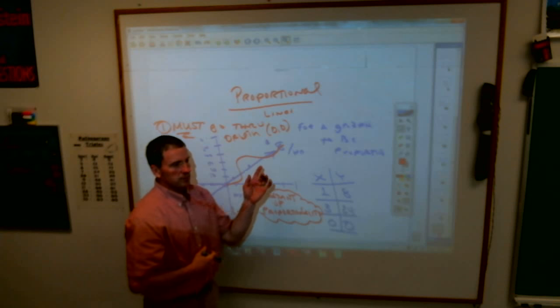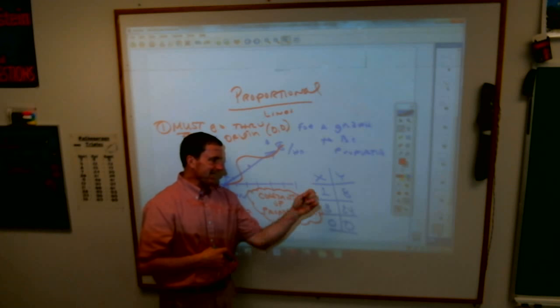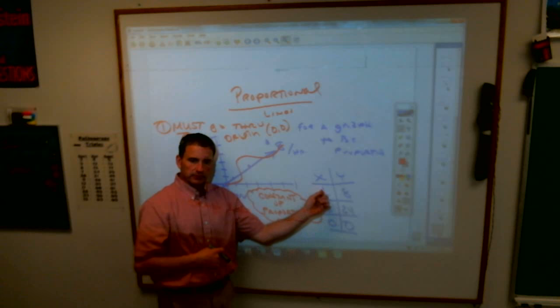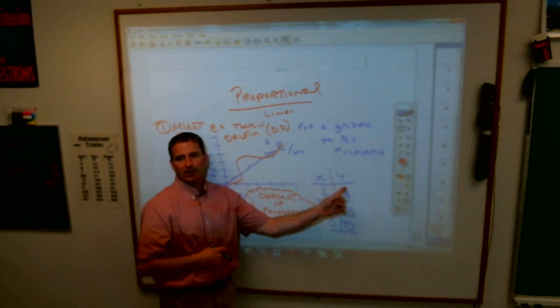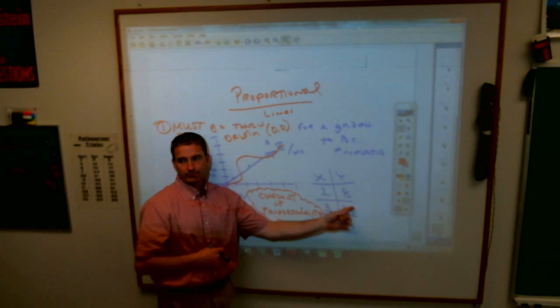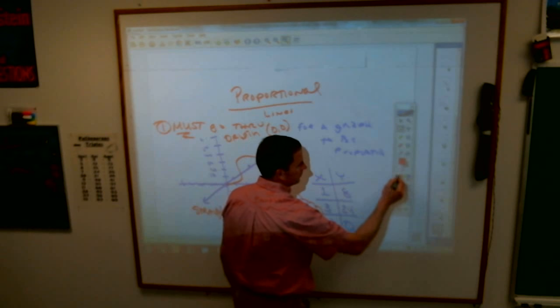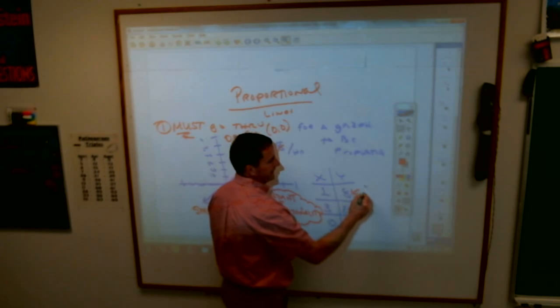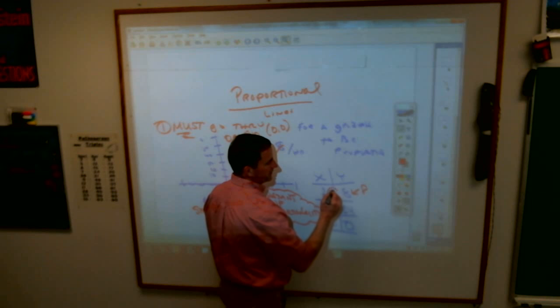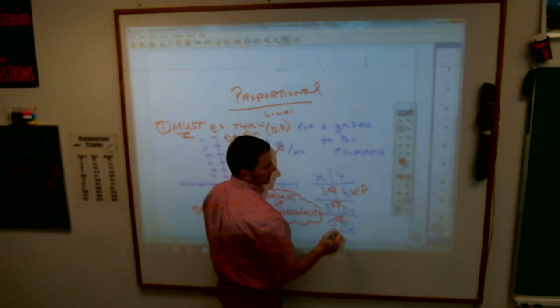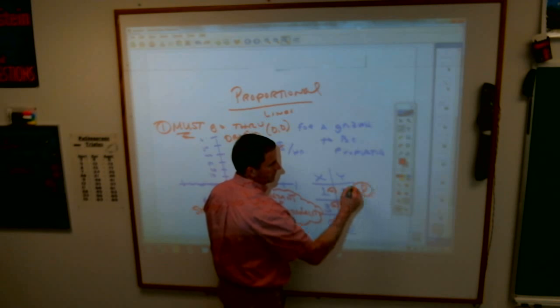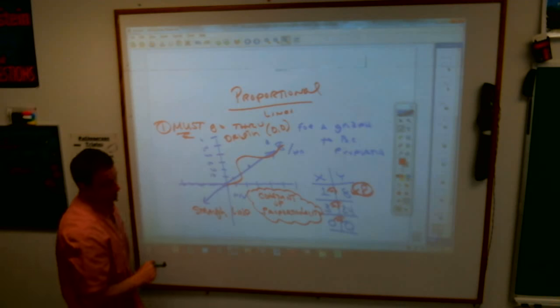In this case here, what constant number did I always multiply x by to get y? Isabel? 8. My constant of proportionality was 8. I multiplied 1 times 8, I multiplied 3 times 8, I multiplied 0 times 8. 8 is my constant of proportionality.